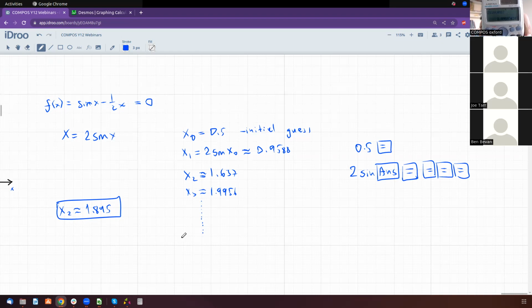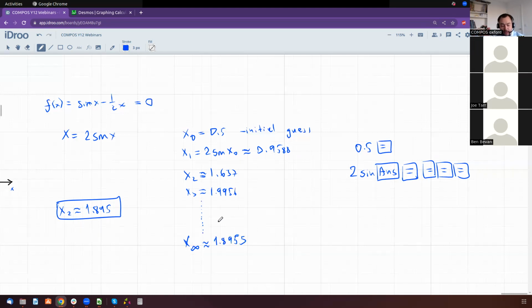Sometimes you need to press it more than once. But this is my approximate value. So x, once you press it infinitely many times, is approximately 1.8955.